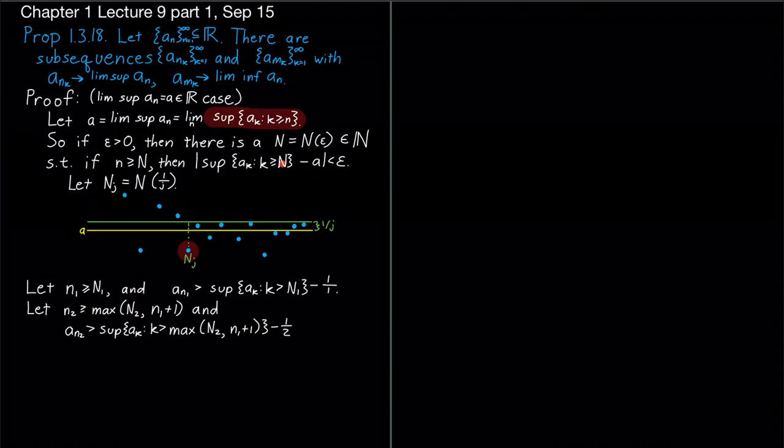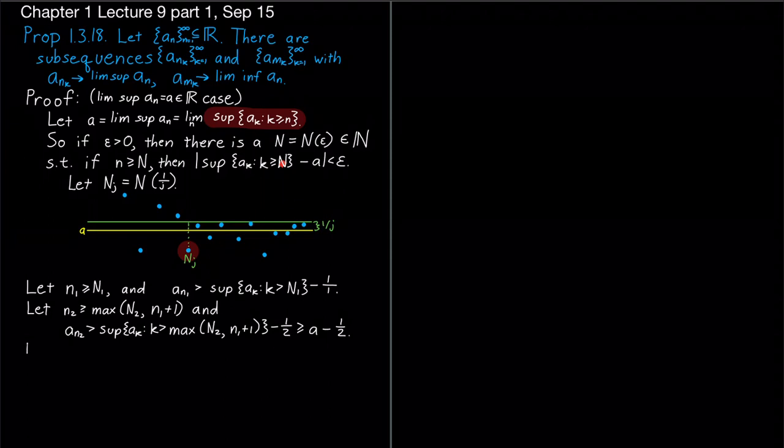And notice the limit supremum is a limit of a decreasing sequence, because you're taking the supremum of smaller and smaller sets, so any of the supremums along the way can't be any smaller than your limit, than your a minus a half.